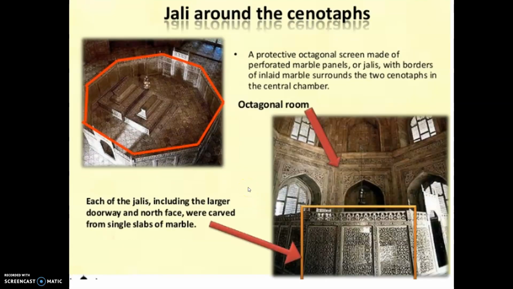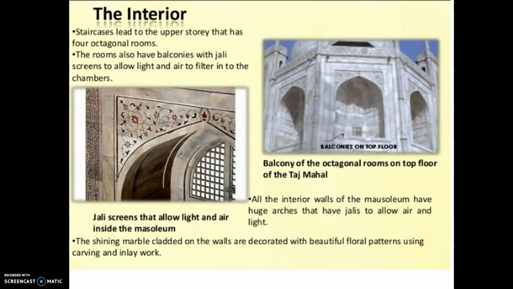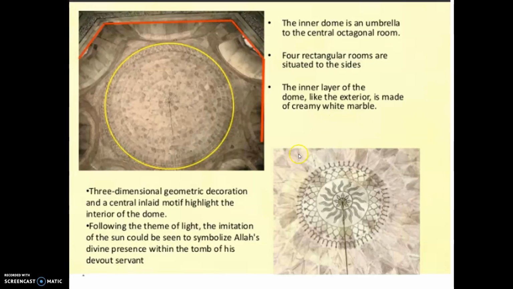These arches are provided with jali works, which bring in light and air. And on the shining marble, the spandrels of the arches are carved with arabesque designs and have inlay works. So this is about the dome structure.